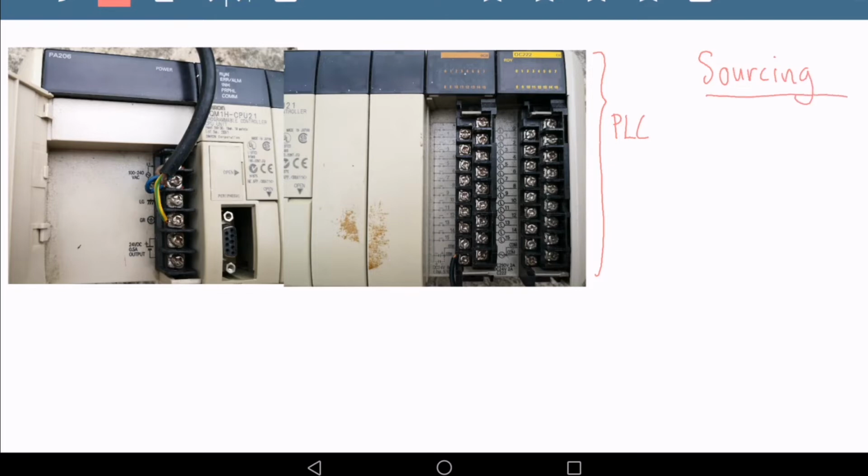So what is sourcing? To make it easier for you to understand, we look at this drawing. Look at the input module. This input module, we draw it.